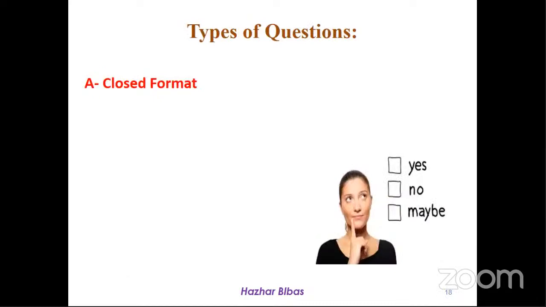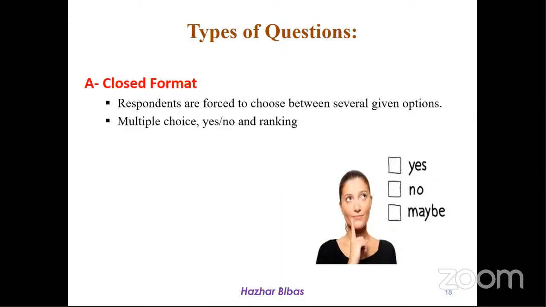We have two types of questions: closed format and open format. With closed format, you push the responder to choose one of the options. Multiple choice, for example, yes, no, neutral, or a scale like strongly agree, neutral, disagree, strongly disagree.